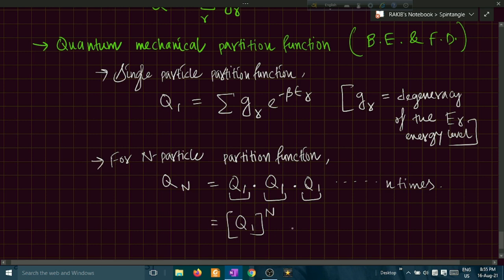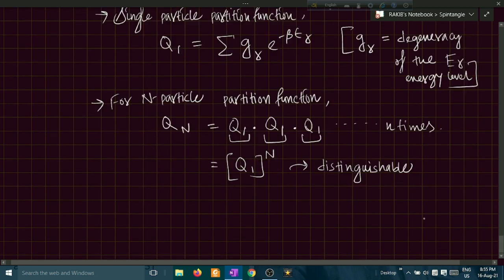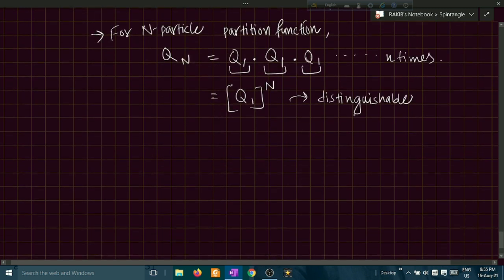This is for distinguishable particles. Okay, if the particles are quantum mechanical but distinguishable. This is quite an impossible term, but sometimes in few questions they mention quantum mechanical distribution and distinguishable particles. Therefore you have to treat this thing from this.